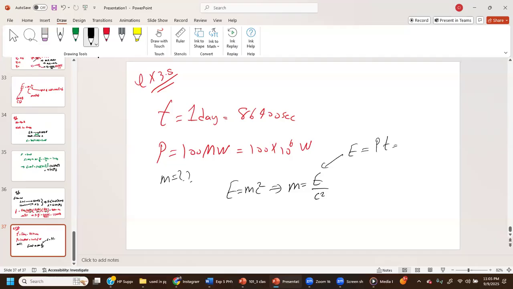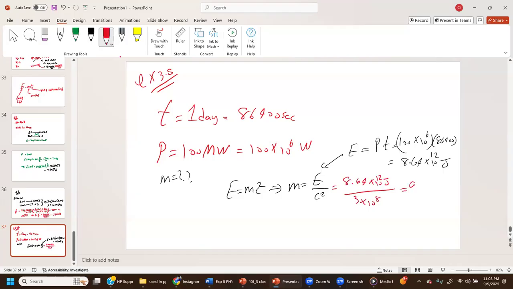In this case, it would be your 100 megawatts, so times 10 to the 6, multiplied by 86,400. Moving the decimal, you should get 8.64 times 10 to the 12 joules. Divide that by the speed of light squared, with c being 3 times 10 to the 8, and you should get 9.6 times 10 to the negative 5 kilograms.